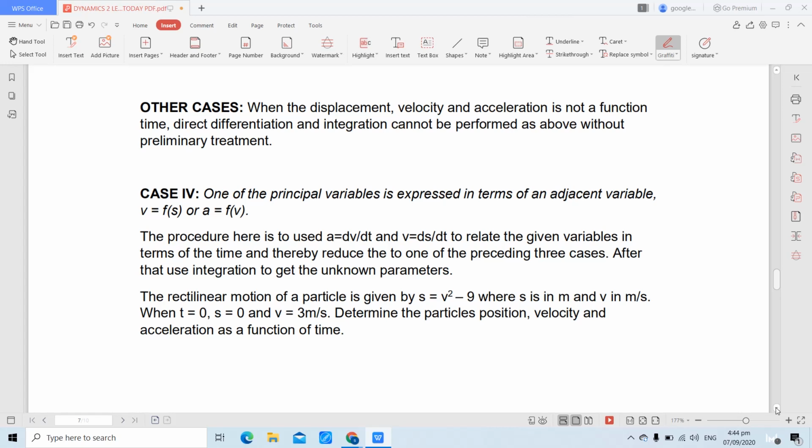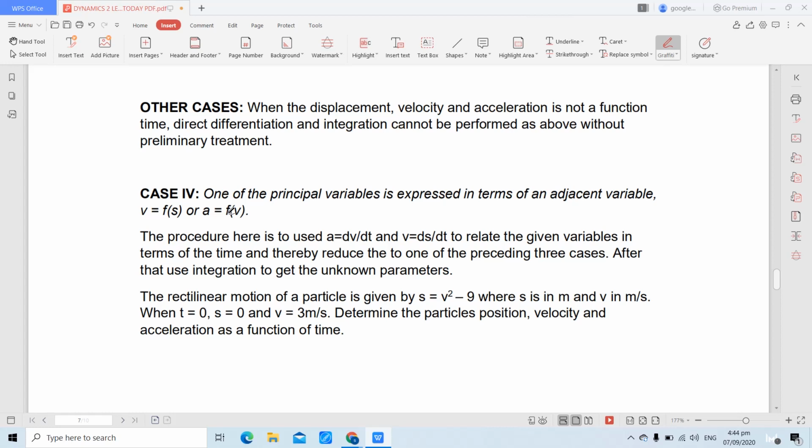No. So, yung binibigay na function or equation, wala munang variable t. So, that is case number 4 and case number 5. For case number 4 muna tayo. One of the principal variables is expressed in terms of an adjacent variable. Or, meron tayong velocity as a function of displacement or acceleration as a function of velocity. No?